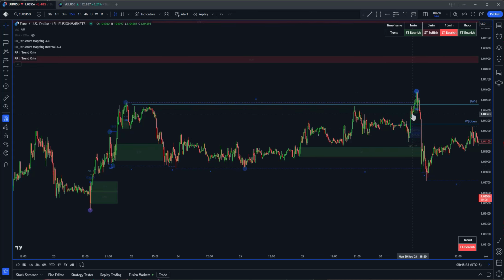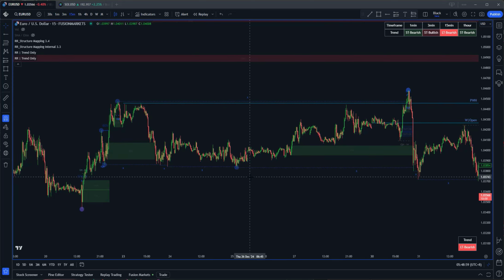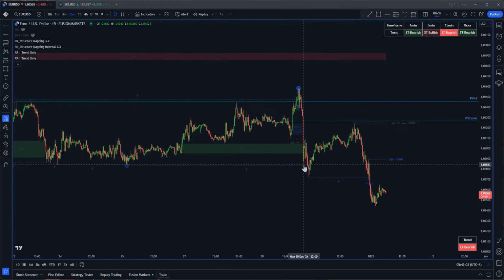So we are in the bullish range from here to here, and once the price takes out this low, we are bearish. But since this low is really too far, we can check this on the 3-minute time frame.